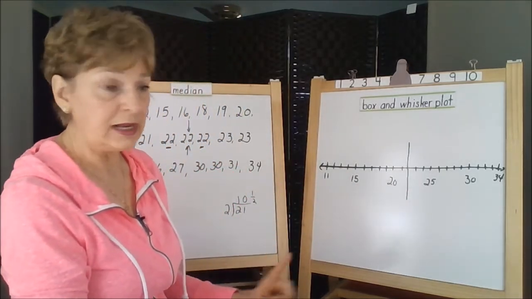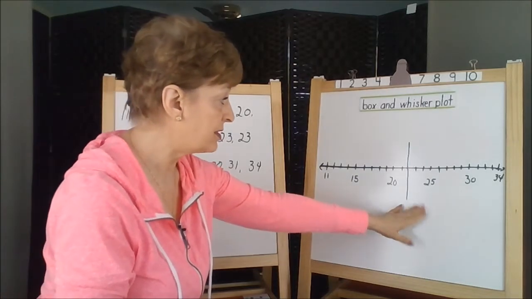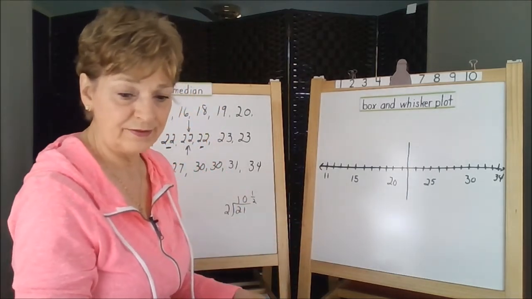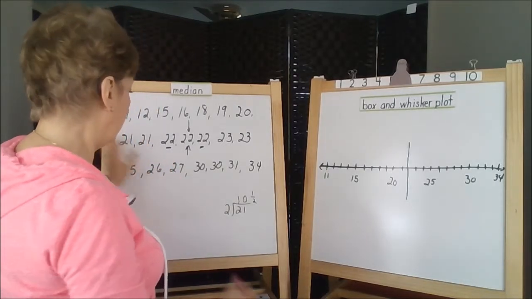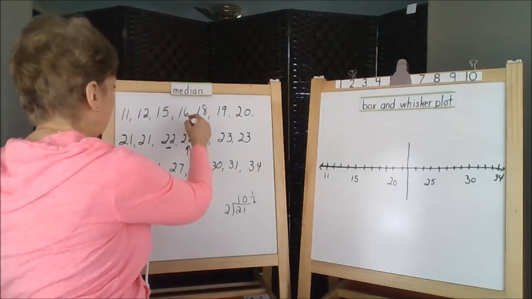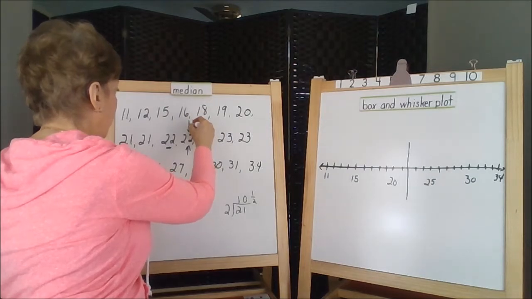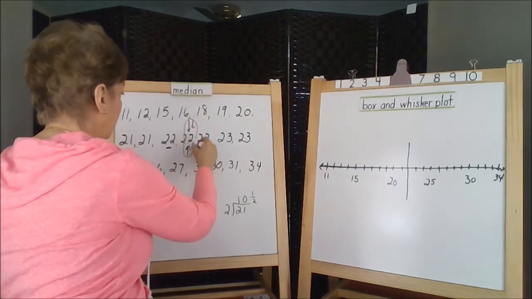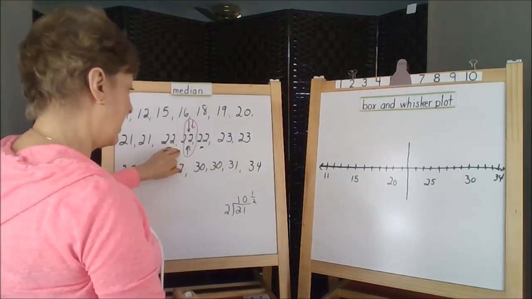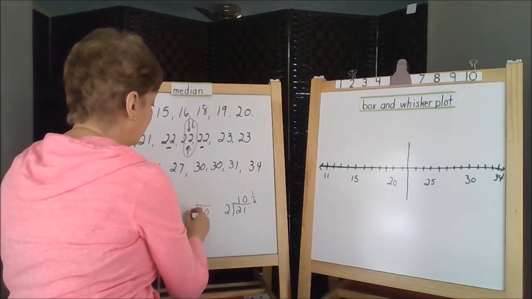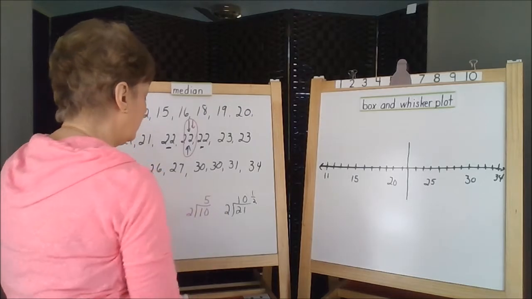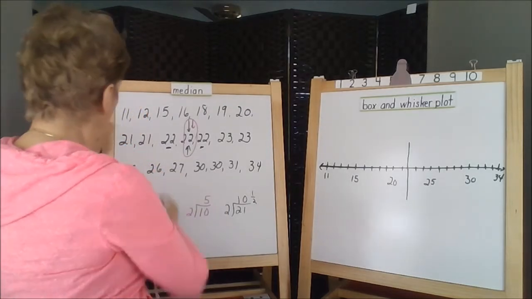Now we have to take both of the sections and divide those in half. So we were here with our halfway point, this one right there. So we're going to now take our 10 and divide that into two parts. So this time we're going to count over 5.